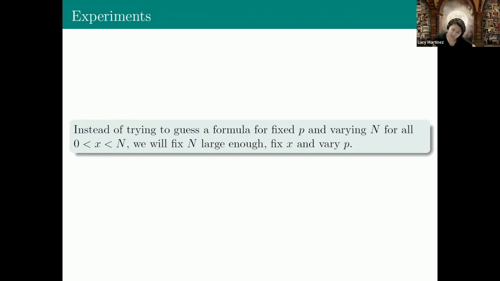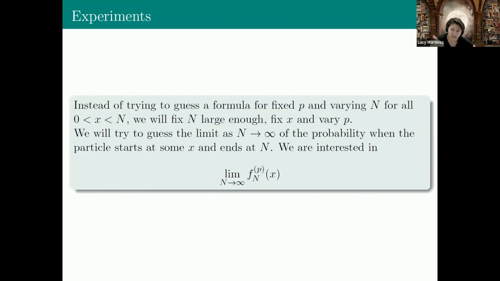So instead of trying to guess a formula for fixed p, because in the previous slide we were fixing p and varying n, and then moving along the rows for x, we are going to be fixing n large enough, fix x, so your starting point, and vary the p-values. So let's state what we're saying here more formally. So we're gonna try to guess the following limit.